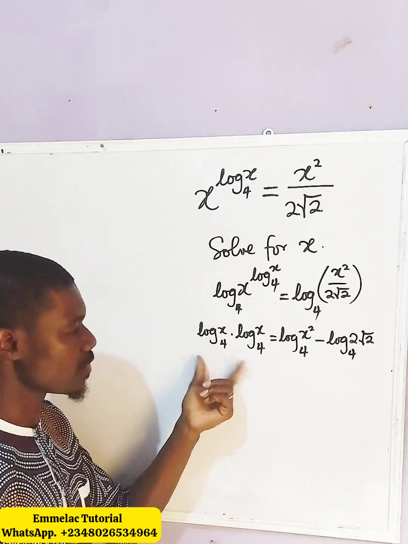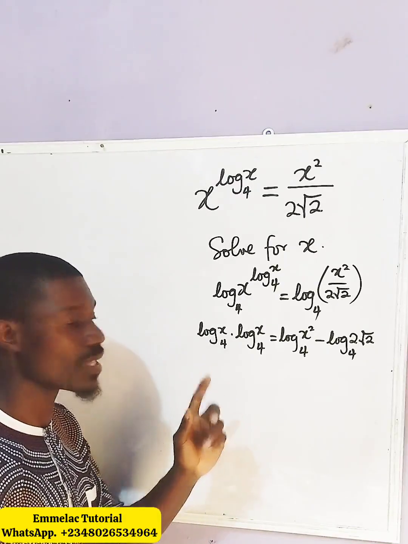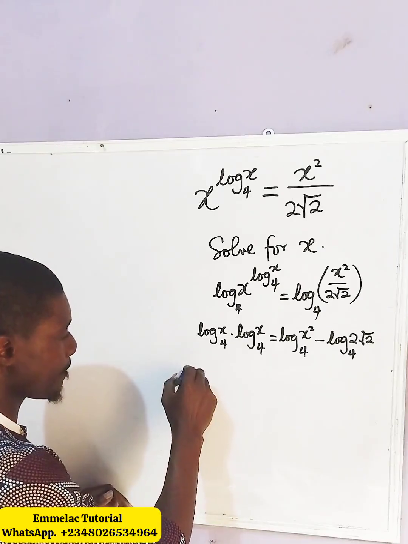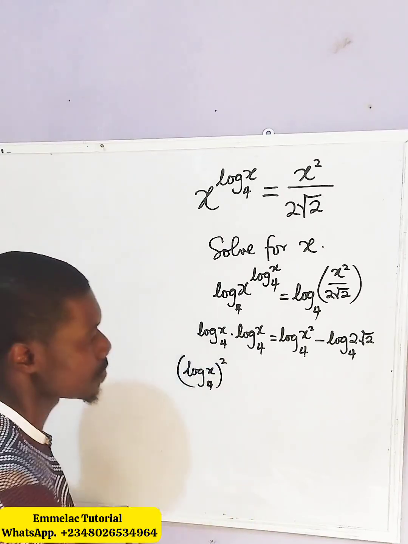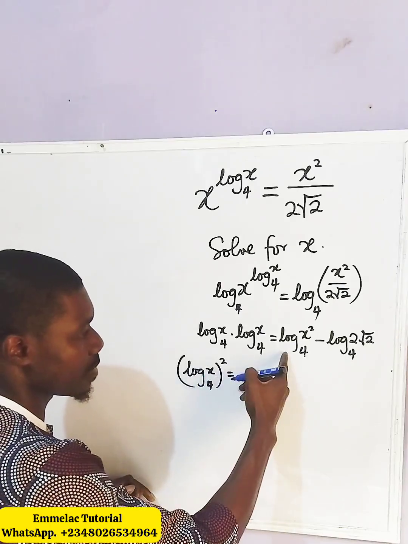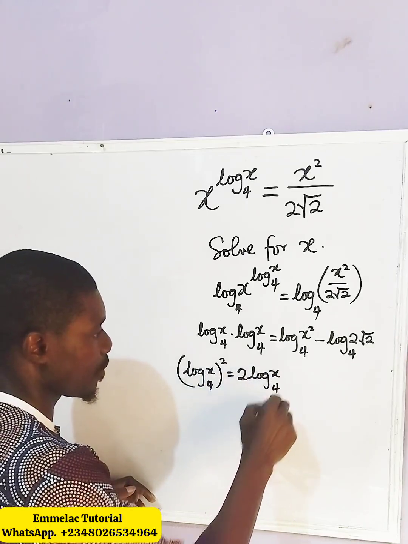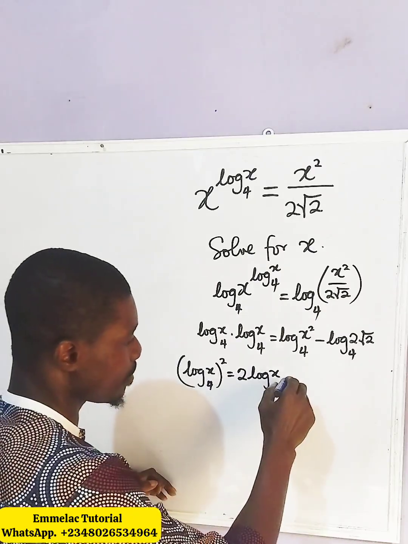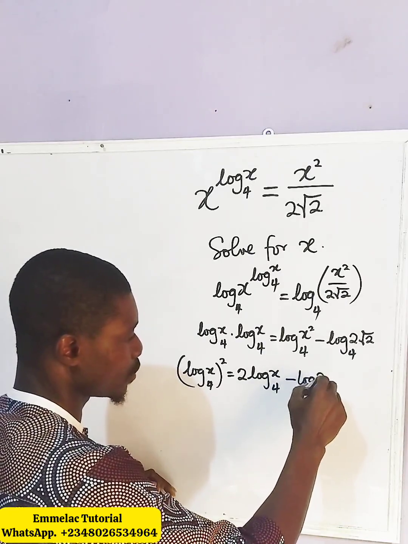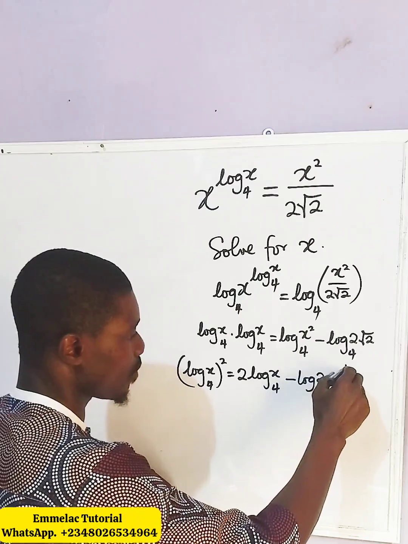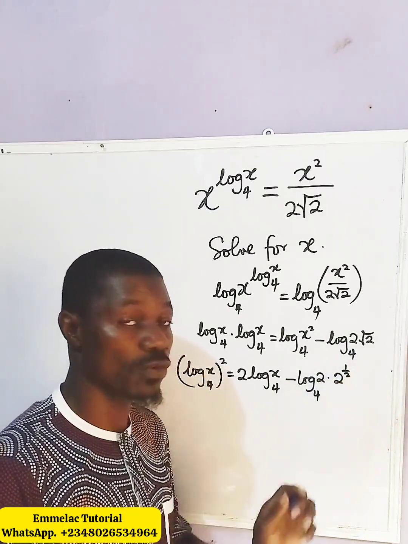On the left hand side we can see we have a product of the same term. So here we have log x base 4 all raised to the power of 2. Now this also, we can write as 2 log x base 4, then minus, we can simplify this as log base 4 of 2 times 2 raised to the power of 1 over 2, because the square root of 2 is 2 raised to the power of 1 over 2.